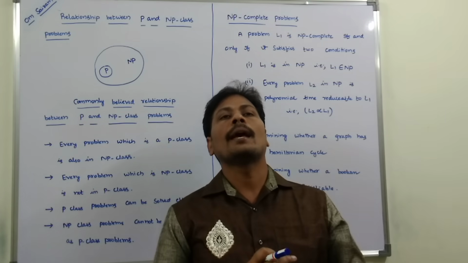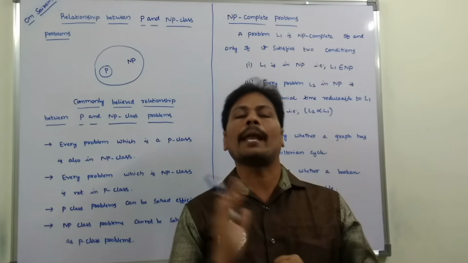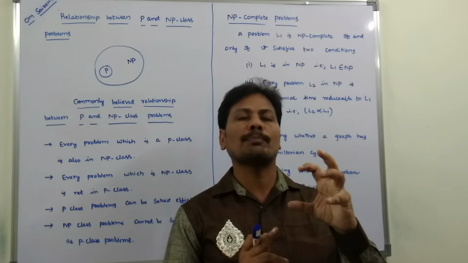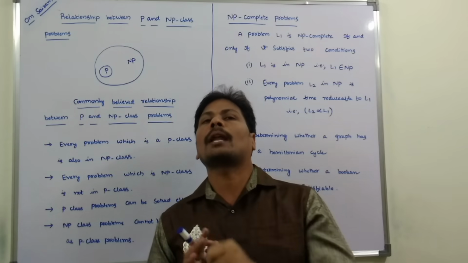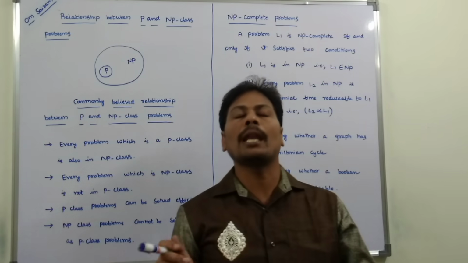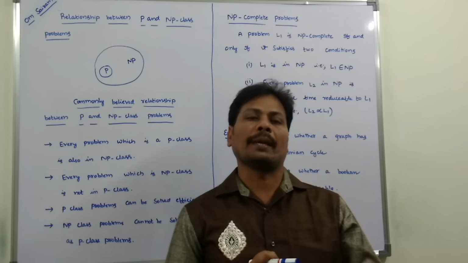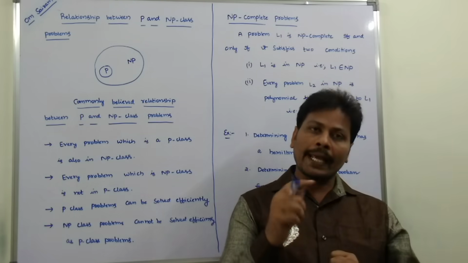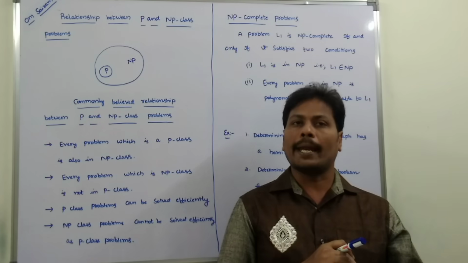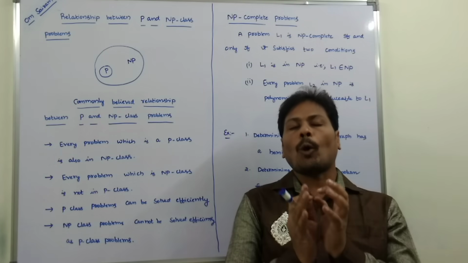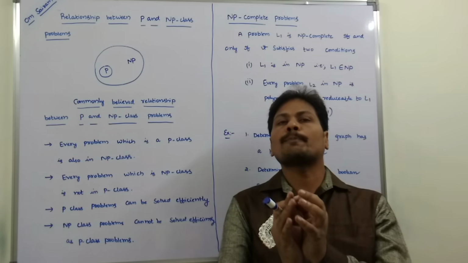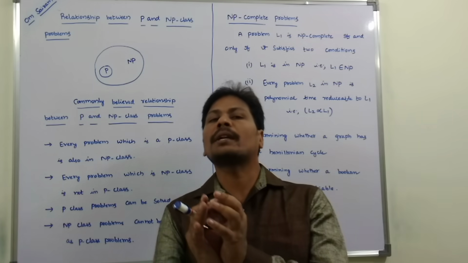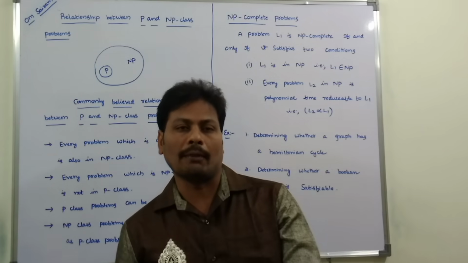First condition is L1 is in NP. Compulsorily, the problem L1 is in NP, that is, L1 belongs to NP. Second condition is, suppose we take a problem L2 in NP, then the problem L2 is polynomial time reducible to L1.